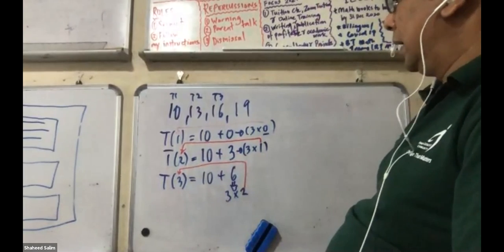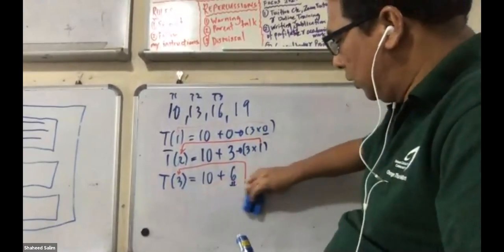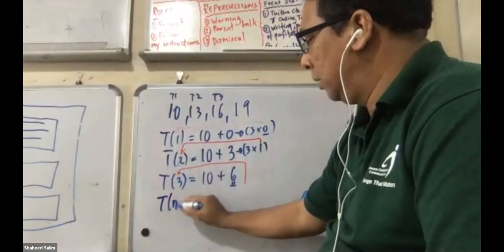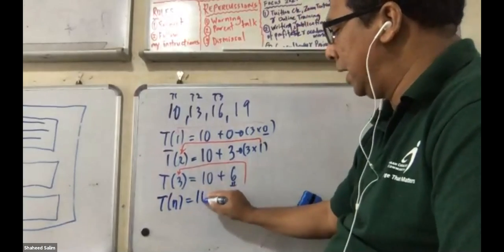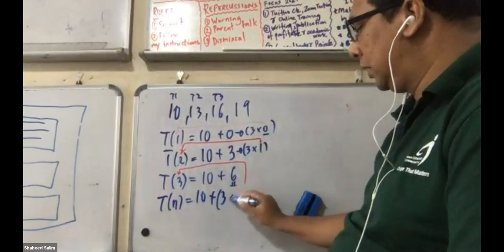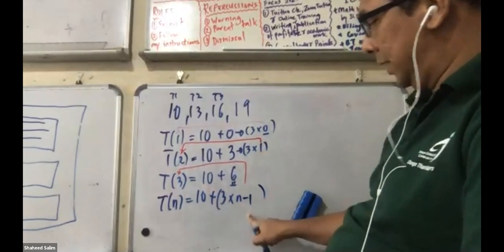So we can come up with a formula. What is the formula? Let's say we ask for the nth term. You tell me 10 plus 3 times n, but it has to be 1 less than this, n minus 1. But you cannot write it like that.